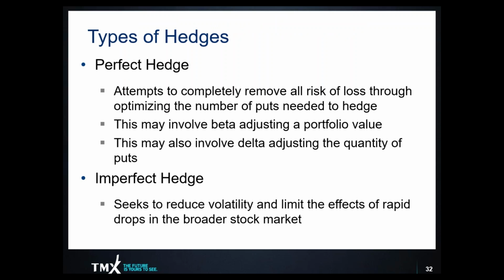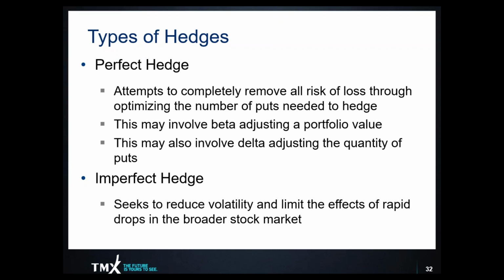Now, there are also different types of hedges. There's a perfect hedge and an imperfect hedge. The perfect hedge is the type of hedge that tries to completely remove all risk of loss through optimizing the number of puts needed to hedge. We talk about option Greeks in one of our recordings, and one of the Greeks is known as the delta. Option contracts at different strike prices have different deltas.